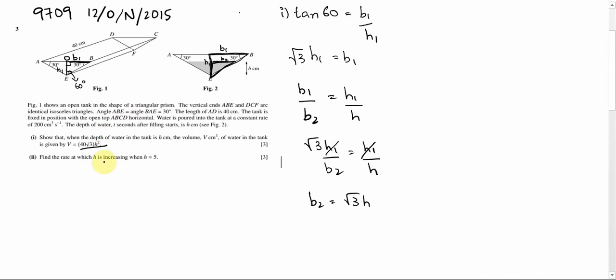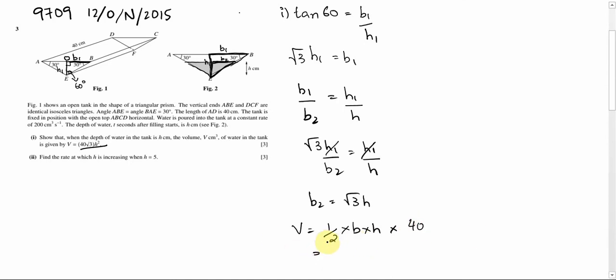Now we have to find the volume. The volume formula is base area into height. The base area will be this small triangle where the water is filled, and the height is obviously 40 centimeter for the prism. So volume is half into base into height, and then into the height of the prism, that is 40.